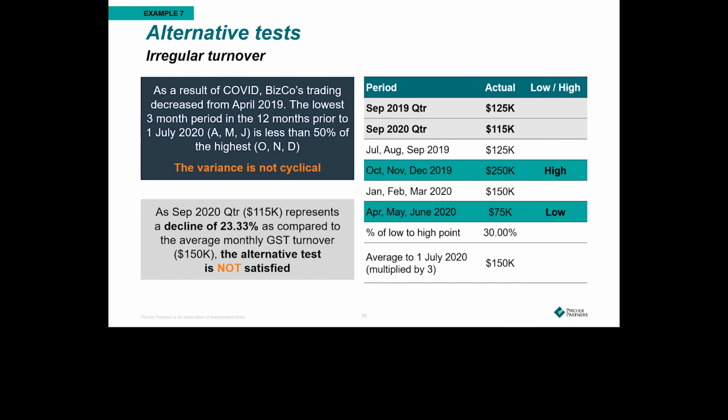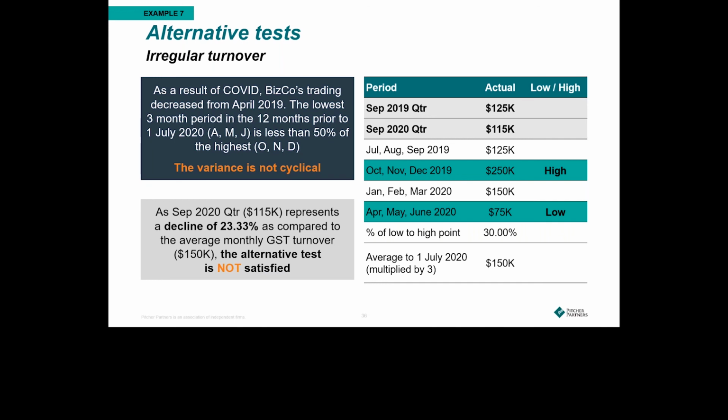But we do find we have irregular turnover, and we say it's not cyclical. It was just lumpy for some reason, and the main reason we highlight, if we're looking up to 1 July 2020, is that COVID could have caused our turnover to be suppressed in that June 2020 quarter. So it's a lot lower than the highest quarter, and we can access this test.